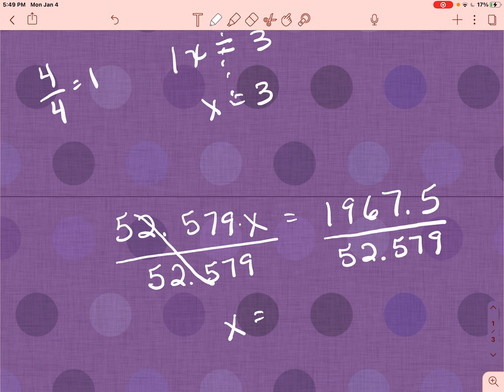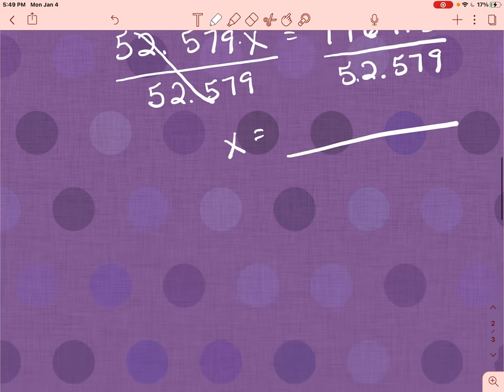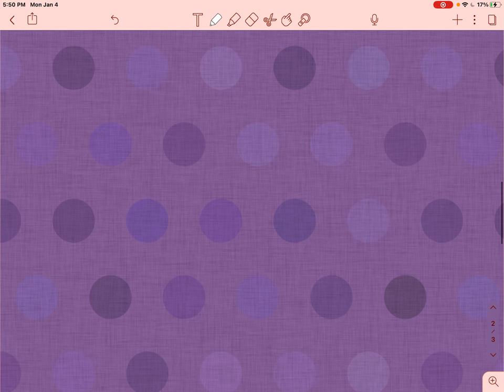But in this case, 1967.5 divided by 52.579 is whatever the calculator tells you. Just type in 1967.5, hit divide, and then type in 52.579 and equals whatever that equals. I don't have a calculator handy, so I'm not even going to try because I made up those numbers hard on purpose. Okay, let's just do maybe one quick other thing.